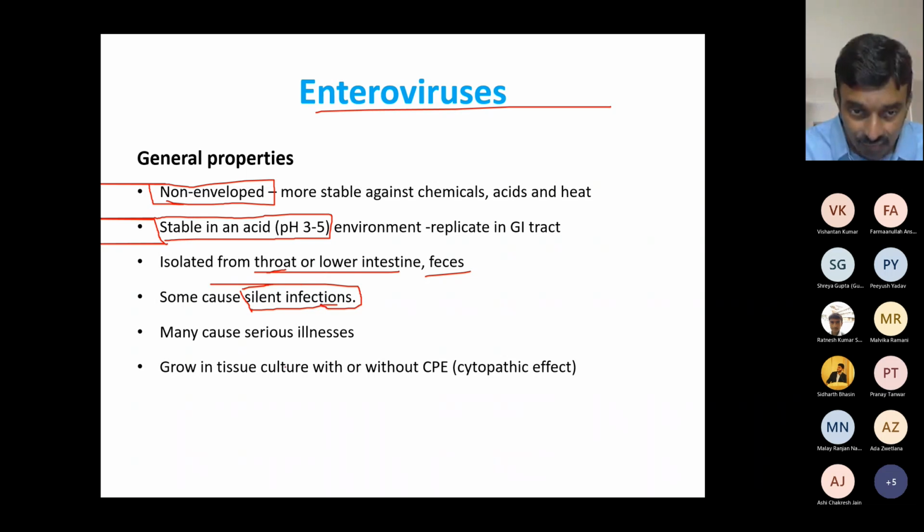That's called silent infection. However, if they only caused silent infections, we wouldn't be reading about them. We are reading about them, and there was so much investment of money and vaccination. All these things happened because polioviruses or some enteroviruses can cause serious illness. I'll tell you what that is in a bit.